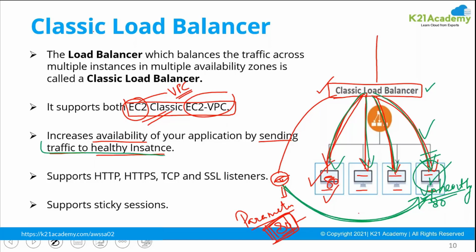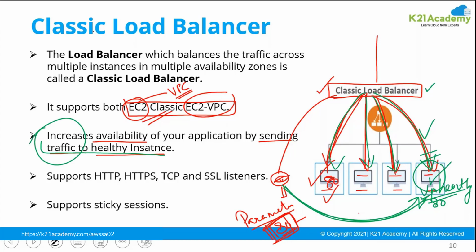So it increases the availability of your application by sending the traffic to the healthy instance, and this is common to all type of load balancers, whether it is classic, application, network, or gateway. It's common to all type of load balancers, this particular check.